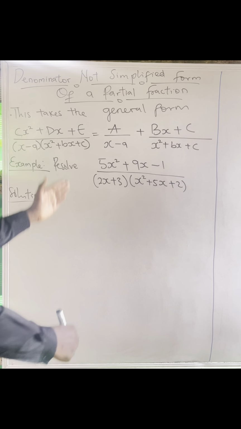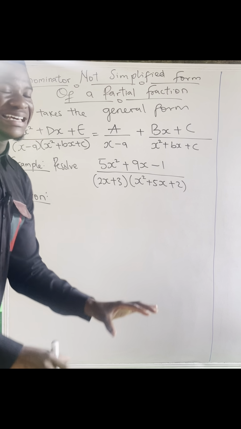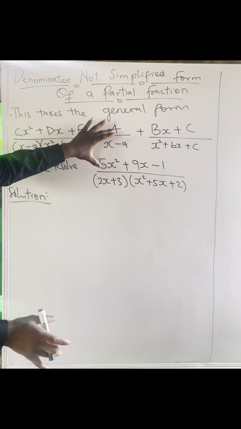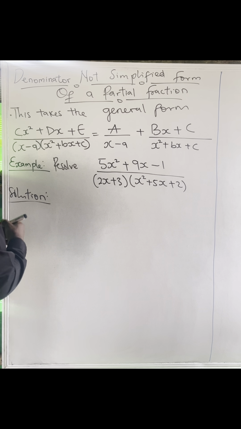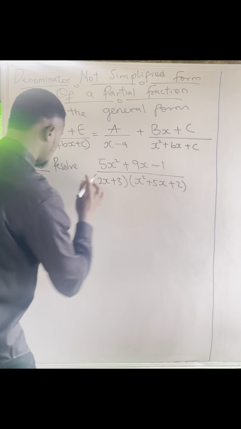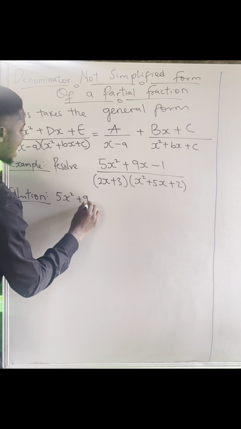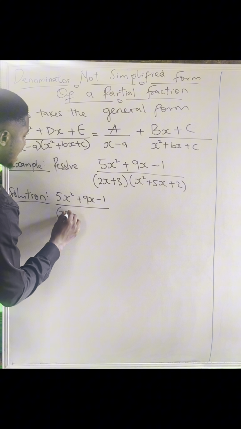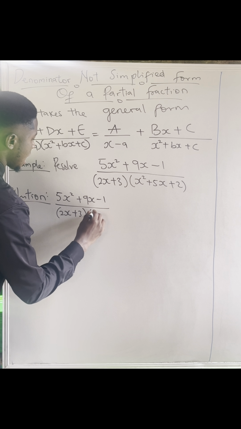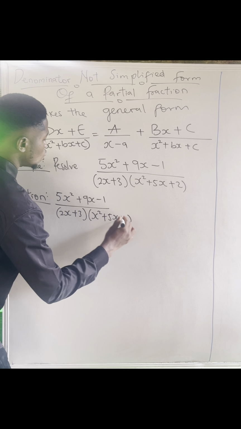So now guys, let's do this. You will see that this question is taking this general form. So therefore, the first thing we are going to do now is that we are going to write solution. Then we are going to write this equation out: 5x squared plus 9x minus 1 over 2x plus 3 times x squared plus 5x plus 2.